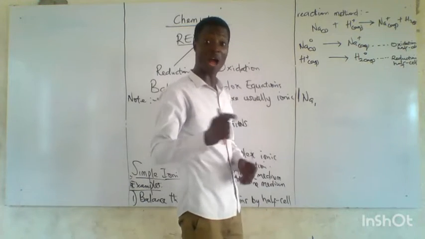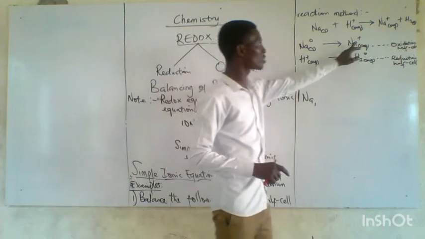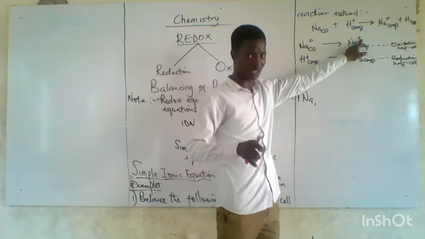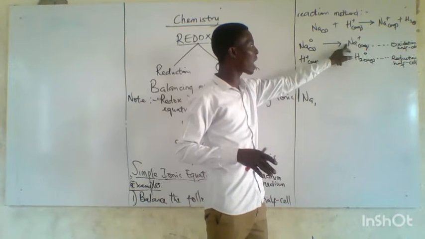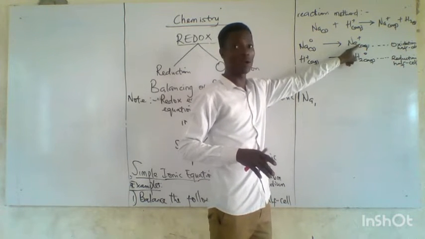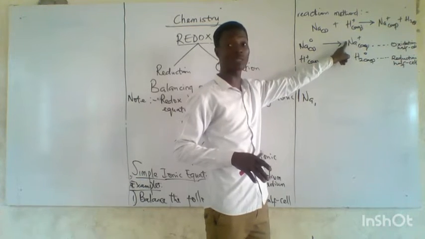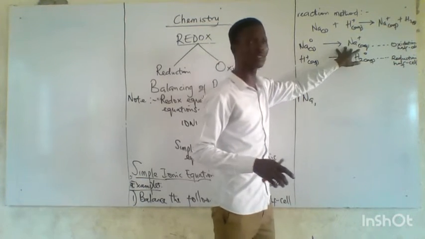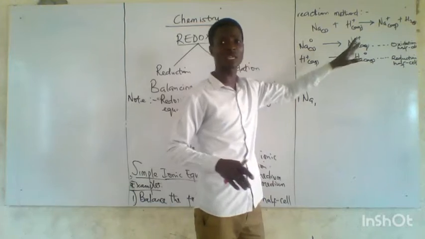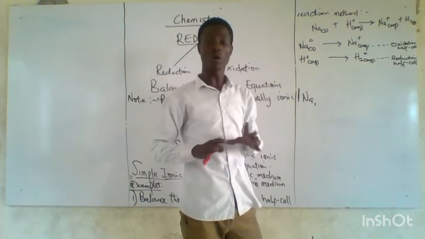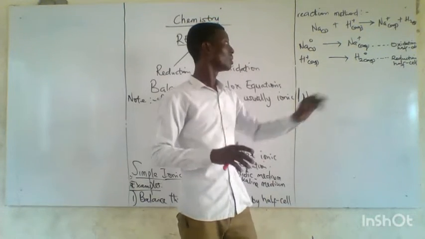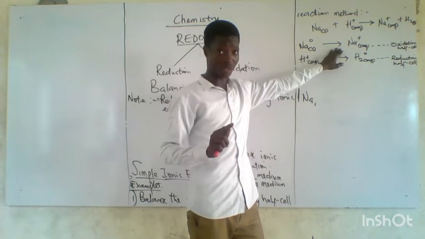That will give me 1 sodium. Here too, don't forget you are not dealing with the charge. Here too you have an invisible 1. 1 times that invisible 1 is still 1. Hence, the oxidation half cell has no problem with balancing of the atoms.